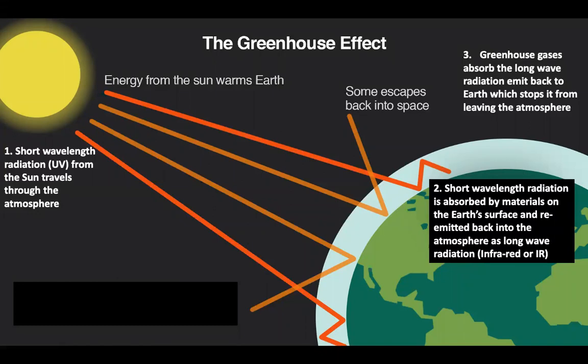So once the infrared radiation has been emitted back into the atmosphere, greenhouse gases will absorb it, re-emit it back to the Earth's surface. So instead of leaving through space, it warms the Earth's surface, and that's why we get an increase in temperature. So what I might recommend that you do is copy down this diagram or find another diagram and just annotate the steps.